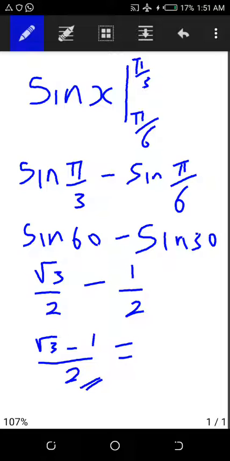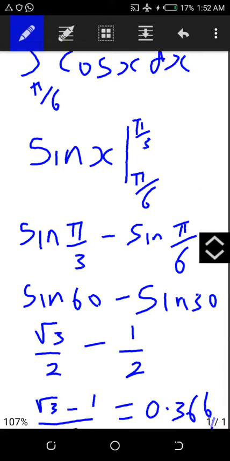Or you can choose to find the value using your calculator, root 3 minus 1 all over 2, and that would evaluate to 0.366 and thereabouts. Okay, so that's how we can solve something like this.